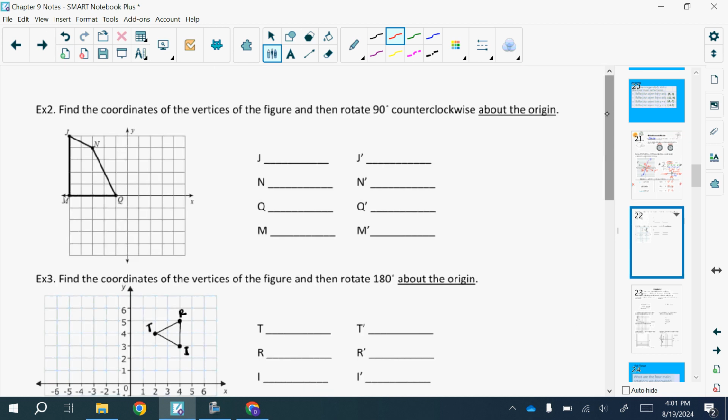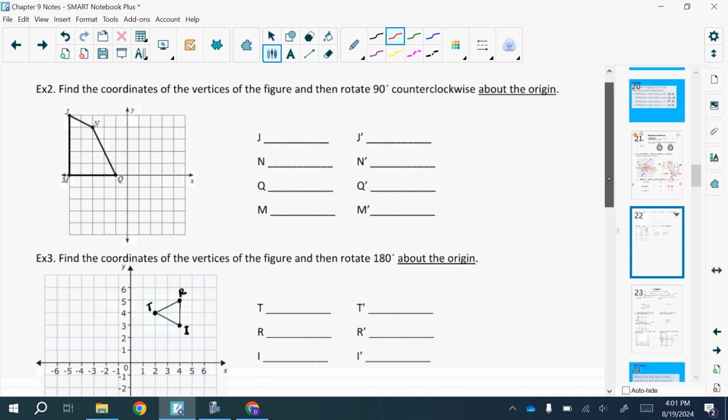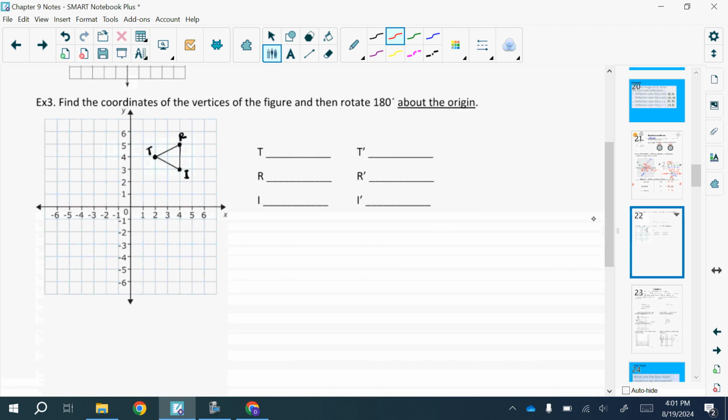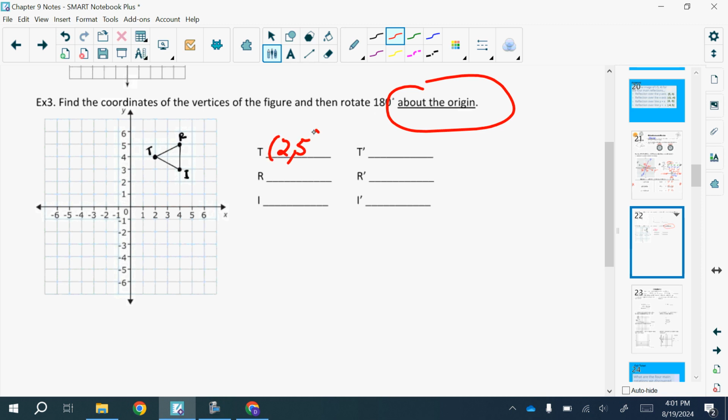So let's go to an example. I will look at example 3. It wants us to rotate the coordinates of this triangle 180 degrees about the origin. Point T is 2, 5.